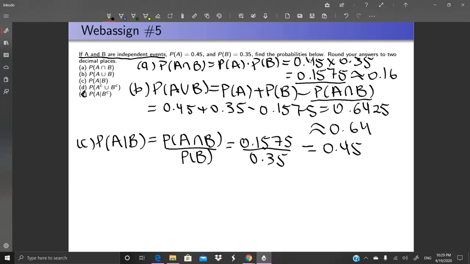And you end up with 0.45. But hopefully by now, if you remember what independent events are, you would see that it's unnecessary for me to have computed this. Why?